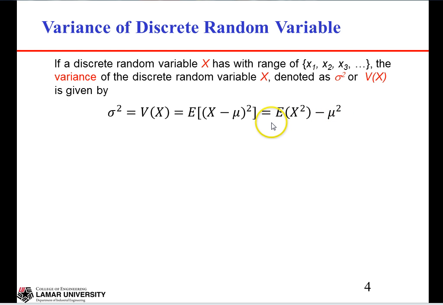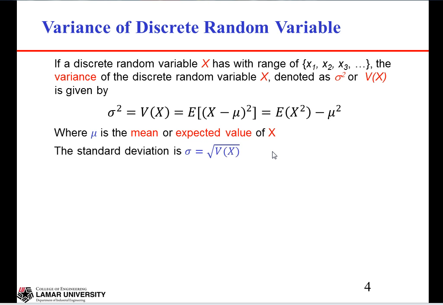Oftentimes the second expression is more convenient for computation, where mu is the mean or expected value of x. And from the variance, we can derive the standard deviation, which is simply the positive square root of the variance of the random variable x.